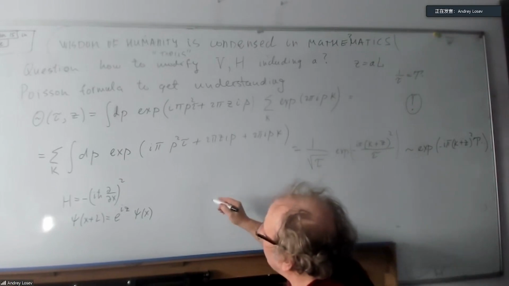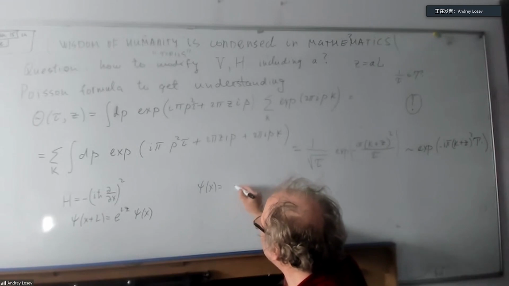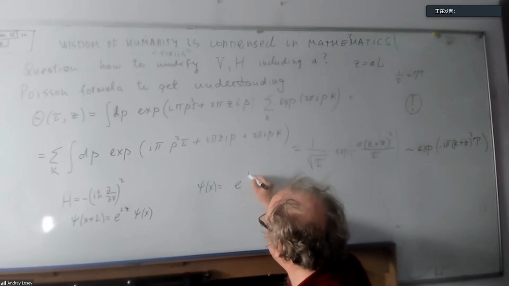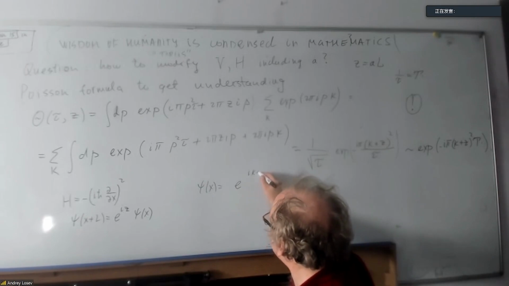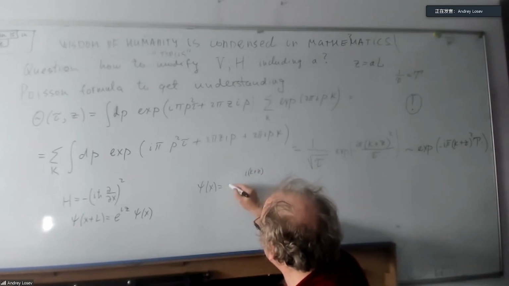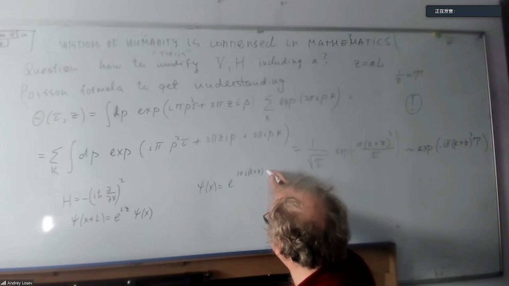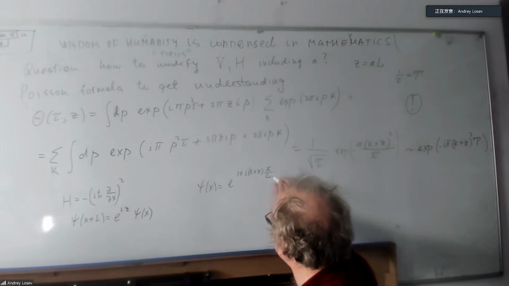In this case, it would mean that psi of x is e to the i (k plus z) 2 pi x over L.